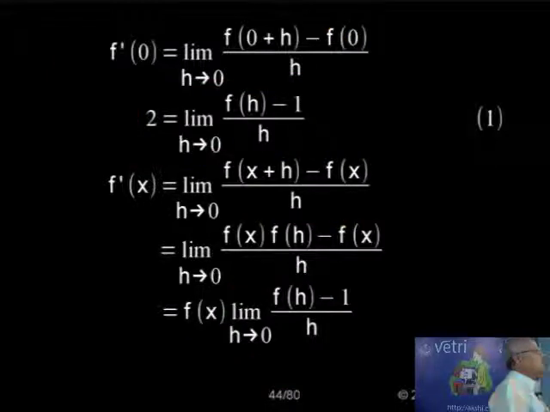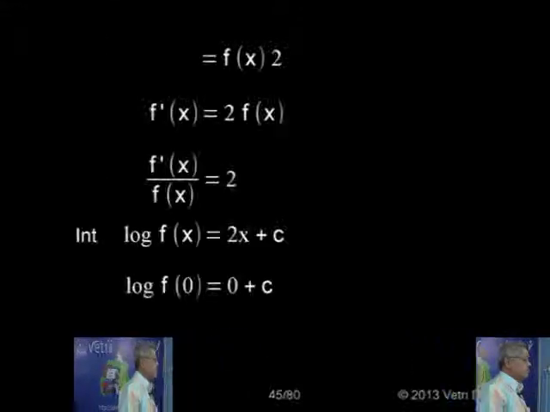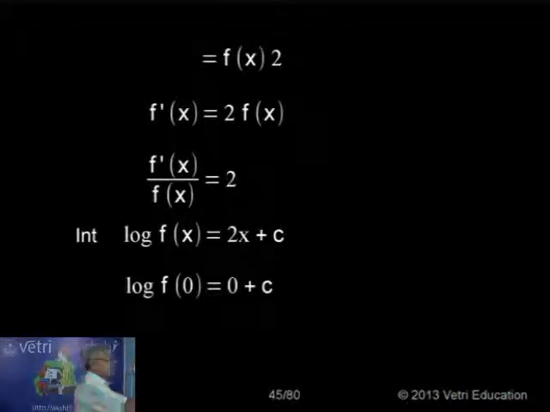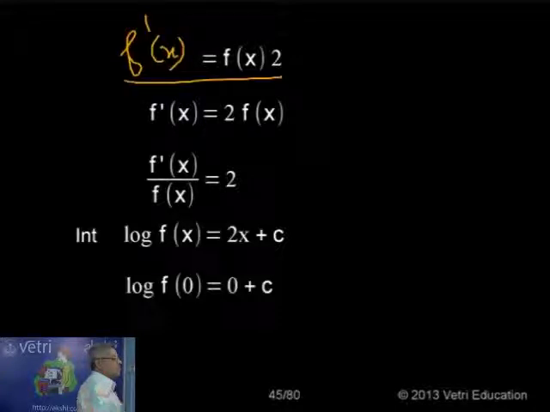Okay. Next, the problem is not over. Therefore, f dash x is equal to 2 times f of x, so f dash x by f(x) is equal to 2. I am bringing f(x) to the denominator. And now in integration, there is one formula.